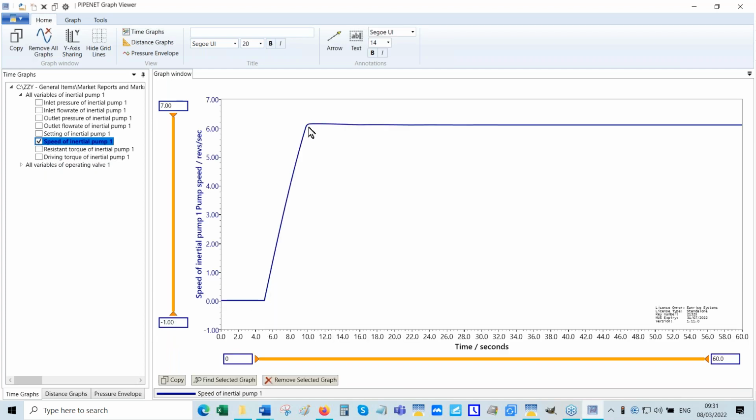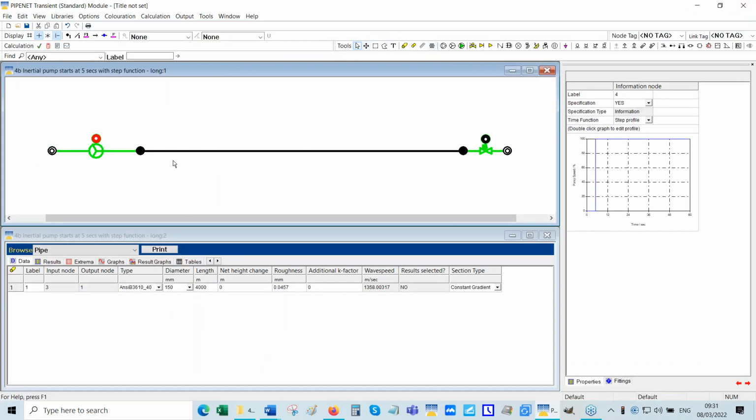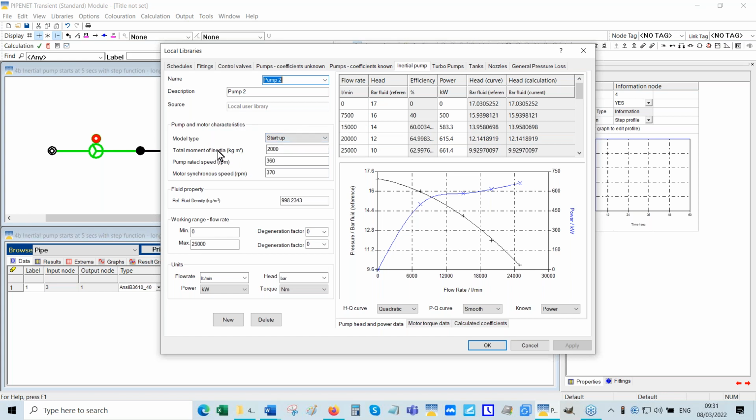So that's how the pump starts. It takes approximately, let's say, 5 seconds to run up, which is what you would expect. Okay, so this is using the inertial pump in the startup mode. The two differences, or three differences if you like: we choose a startup mode here.